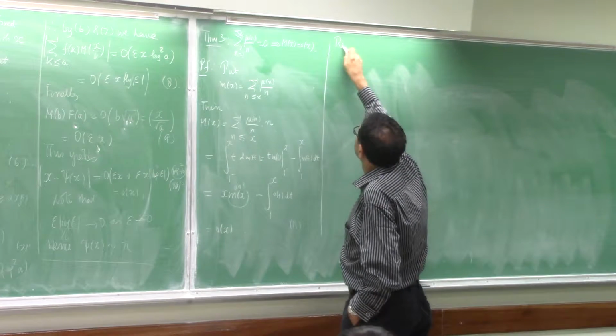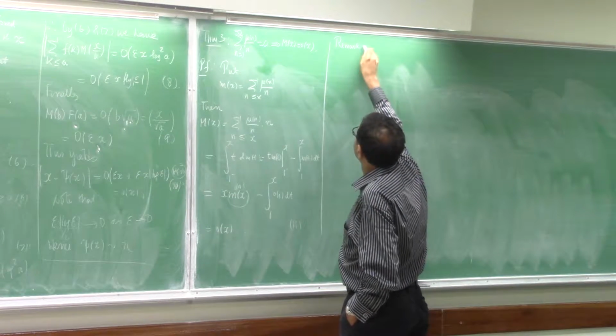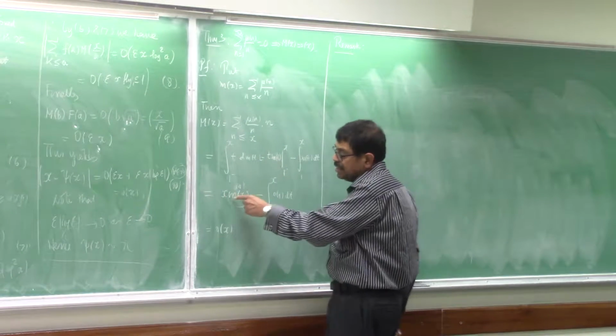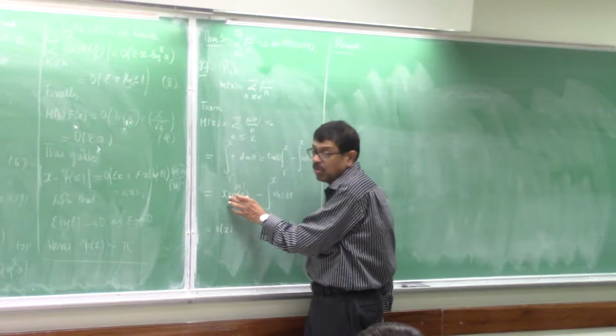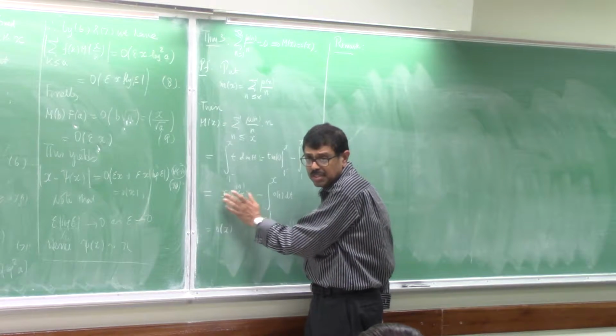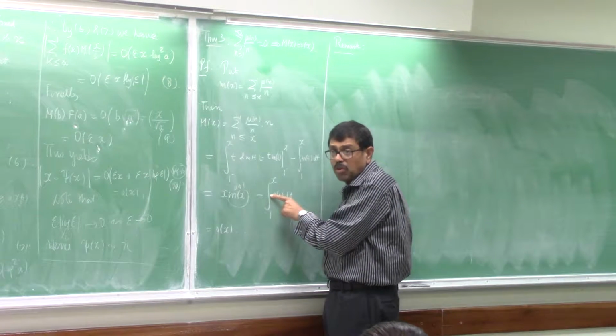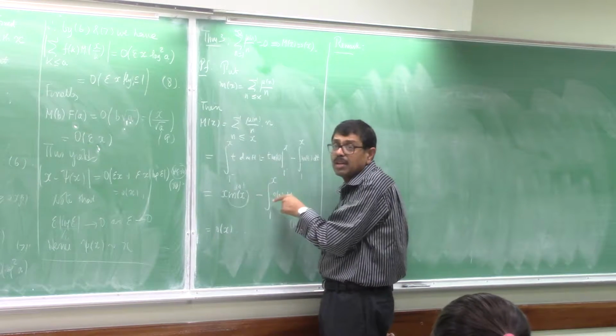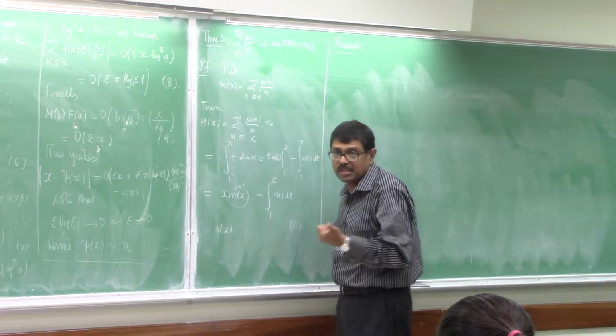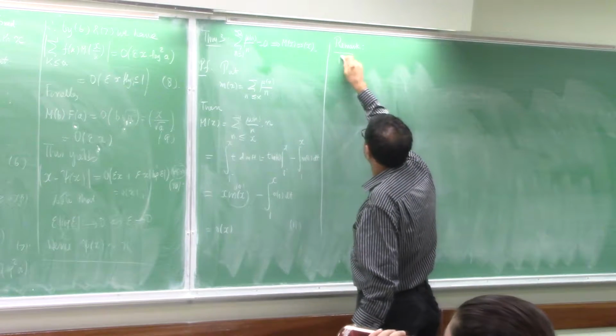So, remark. This is easy. This part is going to 0 as x goes to infinity, but simply because this is going to 0 as we go to infinity, why should that integral be little o of x? So we have to make this comment. Remark 1.